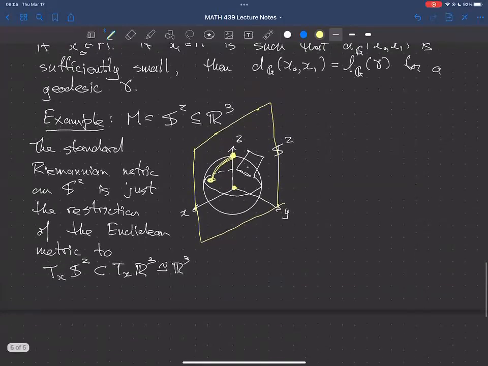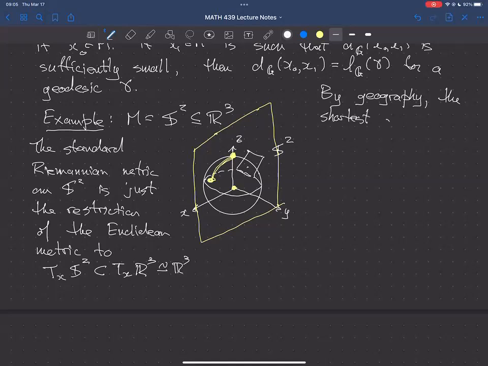So, by the geography that you don't know, the shortest distance between points on S2 is along a great circle.